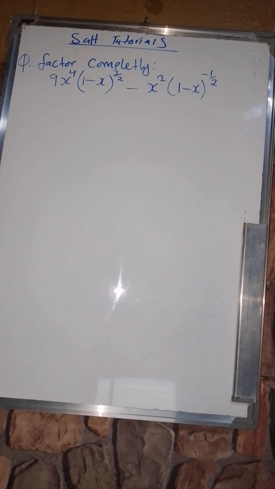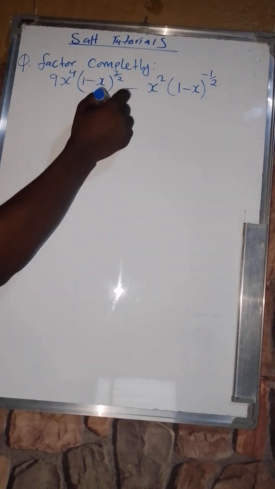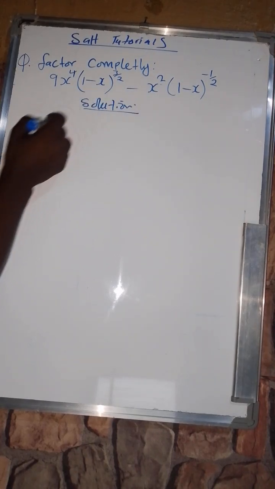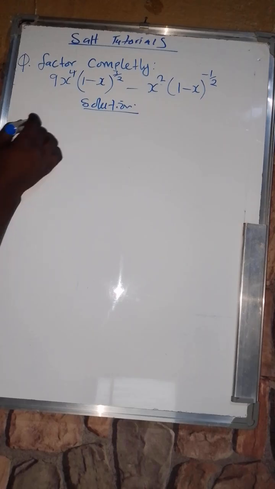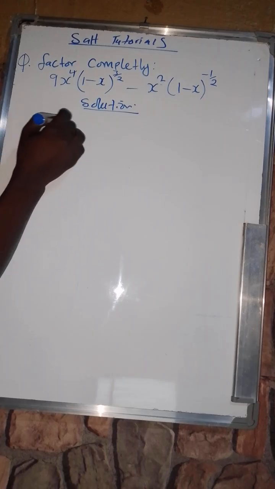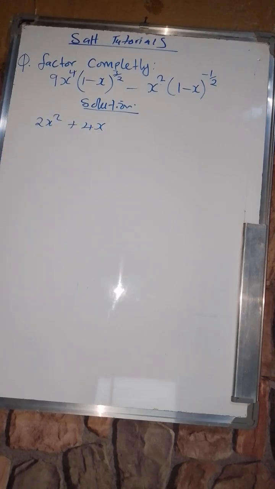So as usual in grade something, I want you to understand that, for example, if we were in grade 2, there were questions which we were simply saying factorize. Let's say I have 2x squared plus 4x, and you want to factorize this expression.